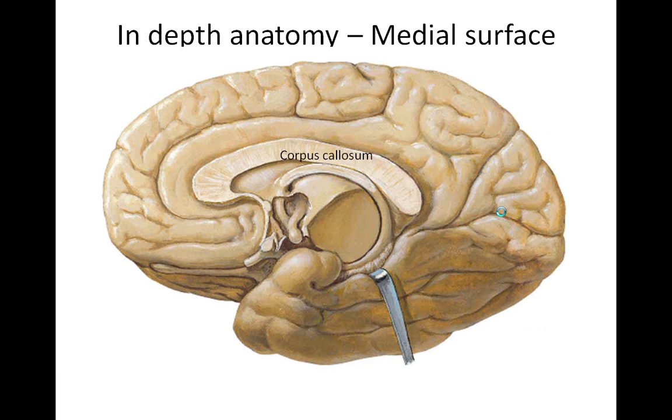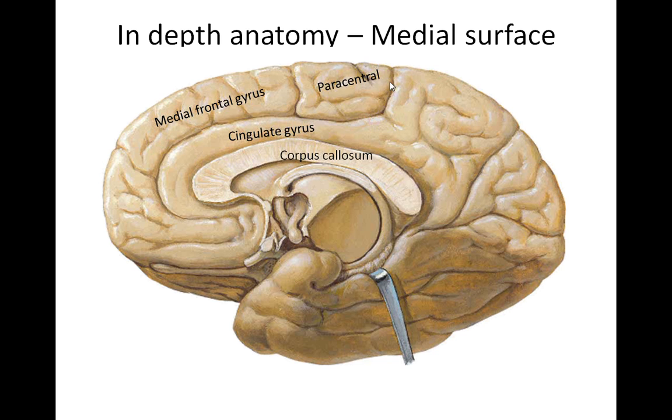Immediately above the corpus callosum we've got the cingulate gyrus. Above the cingulate gyrus we've got two main areas. Around the central sulcus we've got the paracentral lobule, and in front of this we've got the medial frontal gyrus.